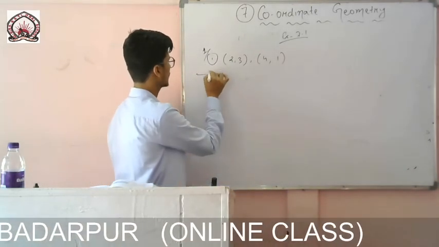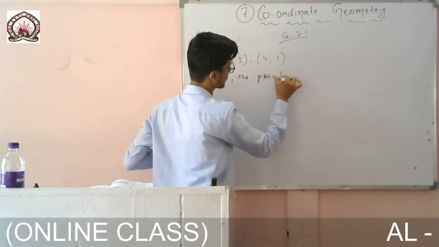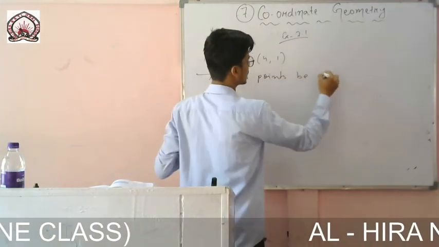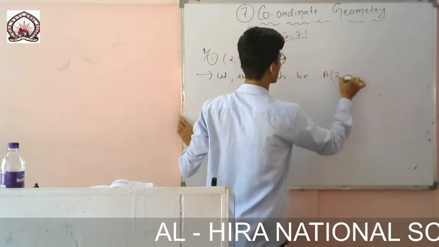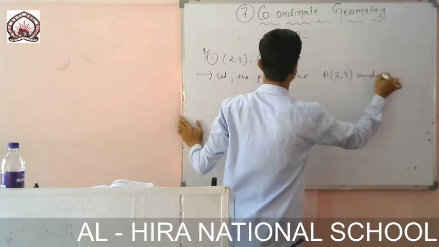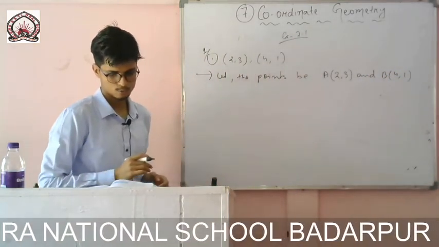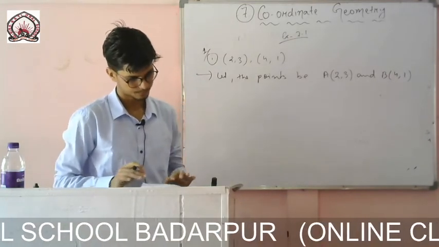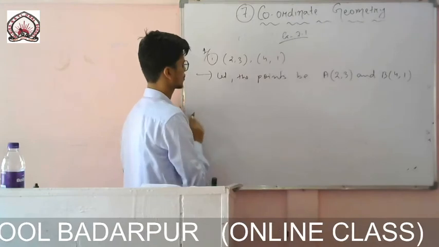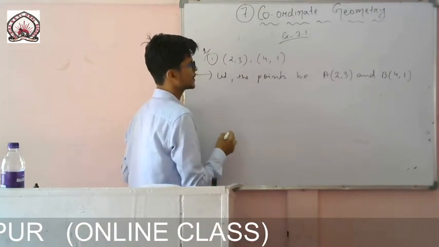First of all, let me name them. You can write A 2 comma 3 and B 4 comma 1. So let the points be A 2 comma 3 and B 4 comma 1. The question is to find the distance between them, that is AB.